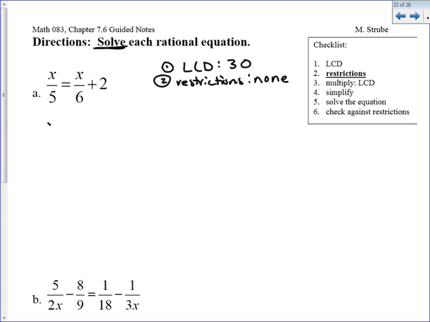So to clear out the fractions, I'm going to take each fraction in the original problem and multiply it by my LCD. So in blue here, this is just my common denominator. So I'm going to multiply every term, even if it's not a fraction, every term by my LCD.